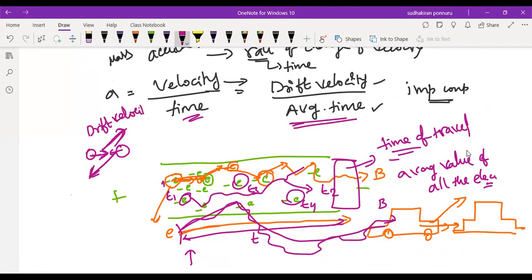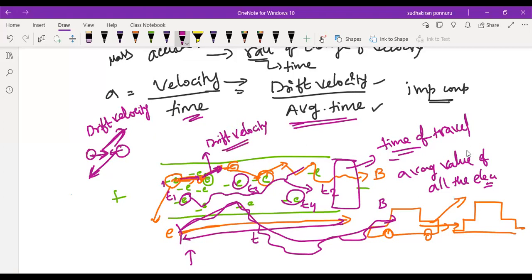Inside this conductor also, electrons are traveling by colliding with each other. While colliding, they deviate from their actual path because of hitting. This deviation is what we call drift velocity.